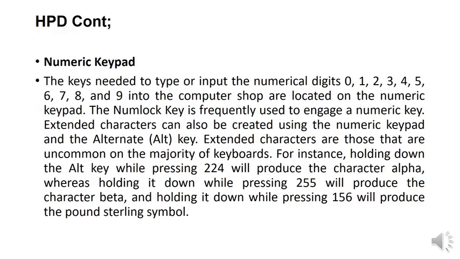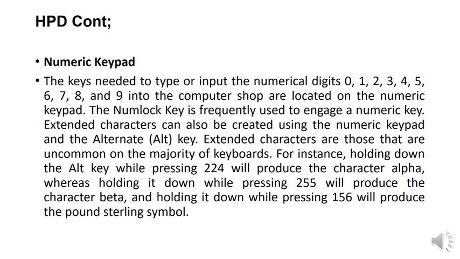Then we have the numerical keys. Under numerical keys, you have your decimal numbers from 0 to 9. Do you get me? These are located on the numerical keypad. The Num Lock key is frequently used to engage the numeric keys. Extended characters can also be created using the numeric keypad and the Alt key.